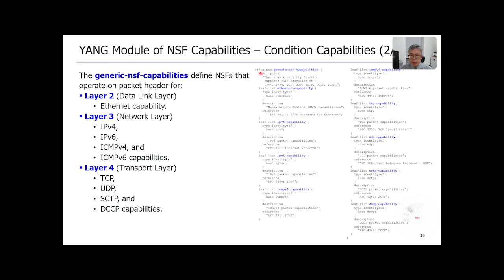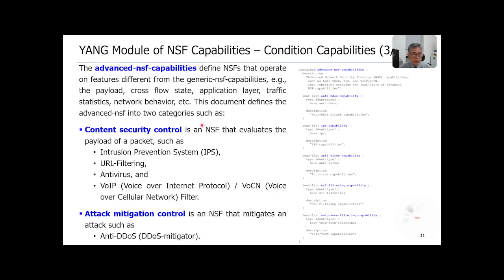So like this, we define the container: Ethernet capability, IPv4, IPv6 network layer capability, ICMP version 4, version 6 capability for Internet Control Message Protocol, and TCP, UDP, SCTP, DCCP for transport layer capabilities. So according to the layer header, we can specify generic NSF capabilities.